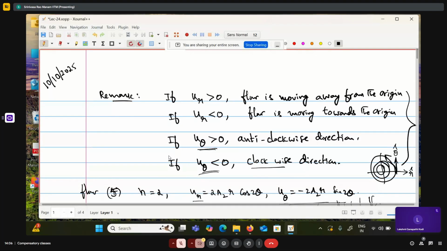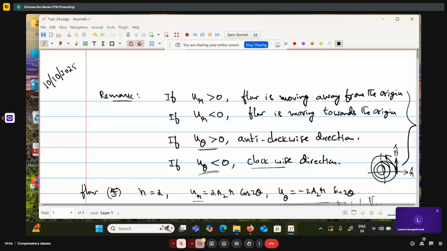On the x-axis, if you see it, the direction of the velocity should be in the y direction. That means the x component will be 0, u is 0 here, and v is positive. That is how you verify that u theta component positive means anti-clockwise.